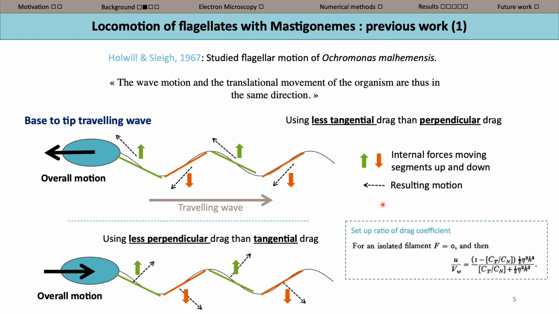They derived an equation using the resistive force theory that describes the velocity to be proportional to 1 minus the ratio of this coefficient, so 1 minus tangential over normal drag coefficient. Meaning that if the CT is larger than the CN, then the direction of our swimmer reverses.